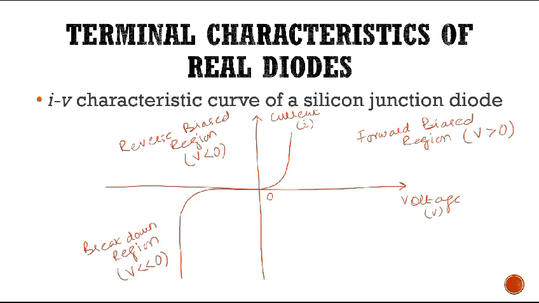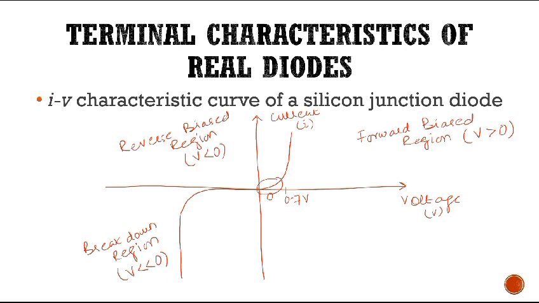Note that in the forward biased region, the current increases very little until the forward voltage across the PN junction reaches approximately 0.7 volts at the knee of the curve. As you can see here, this current is increasing very little in this region.